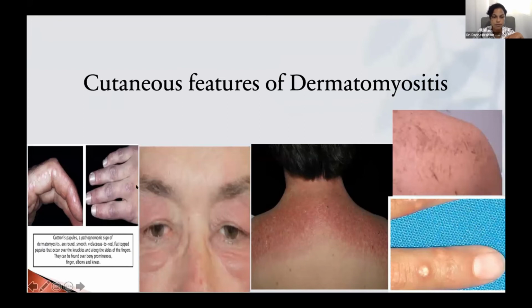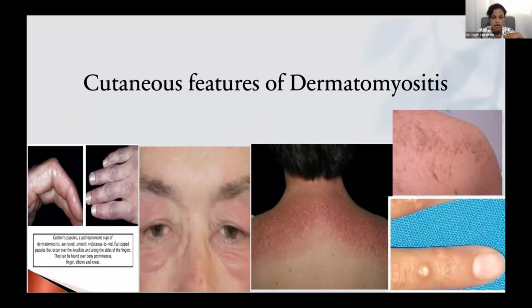Another common finding, a pathognomonic sign of dermatomyositis, is the Gottron's papules, or Gottron's sign whenever it is flat. So you can end up with just a purplish macule, can even be vesicular, bullous, and then they can become very flat-topped, firm papules over the knuckles and along the sides of the fingers.